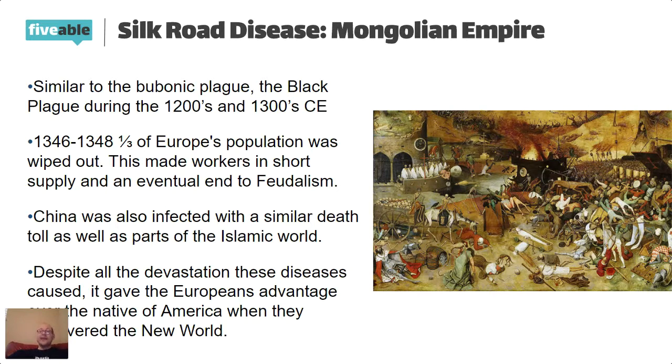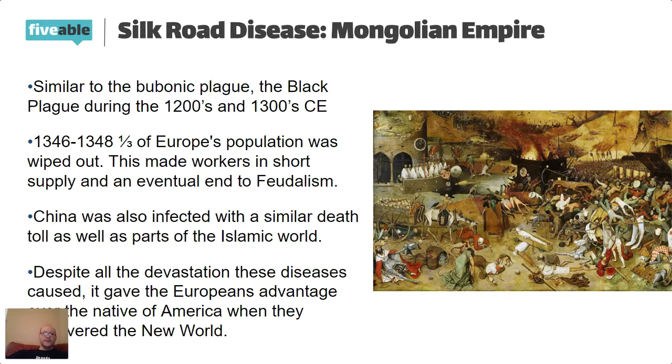But those serfs became more valuable the more that died and the ones that actually continued to live. And so manorialism is going to start falling because the serfs are few in number and they realize they have more bargaining power. So as manorialism and feudalism fall, we're going to see these serfs and peasants start moving away from manors and into the cities. And that's going to lead the way for the Renaissance.